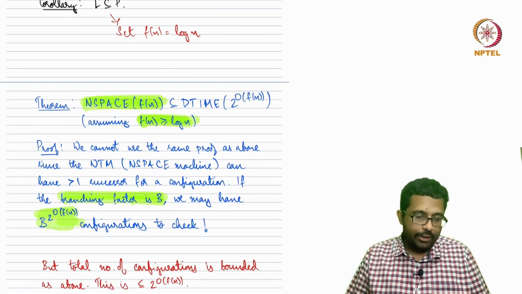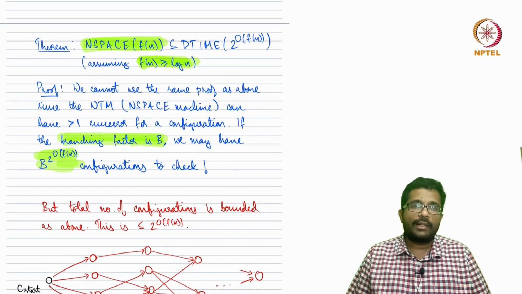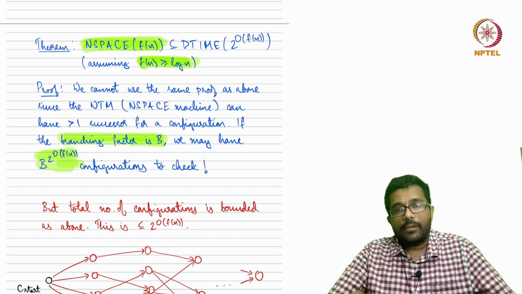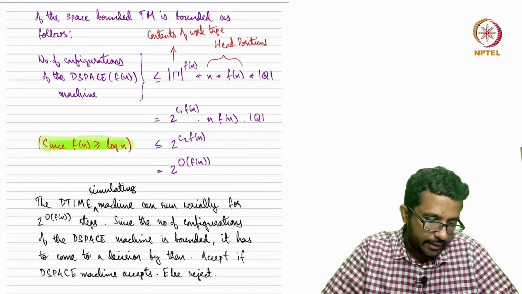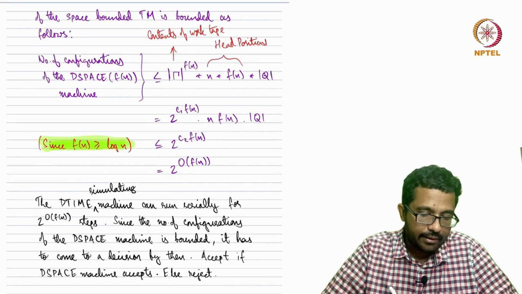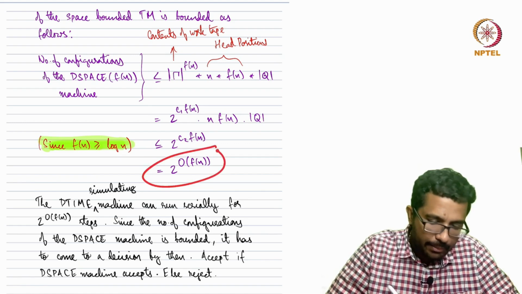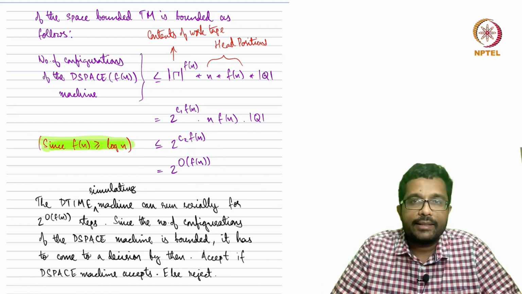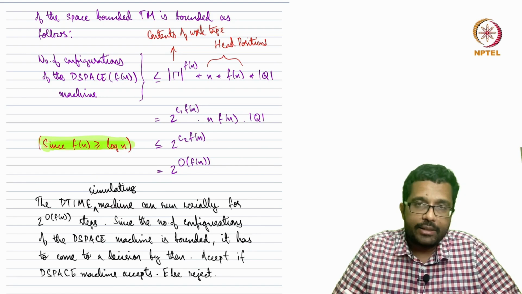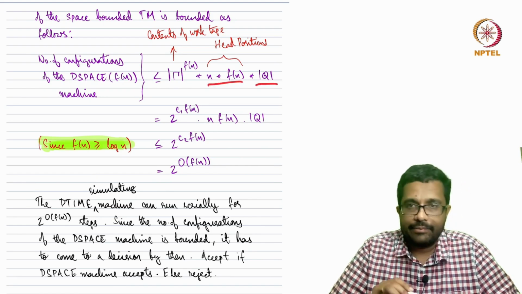So this could be as bad as this, and we don't use this kind of straightforward approach. The thing is that the total number of configurations is bounded. We already saw that the number of configurations for a deterministic space Turing machine is bounded by 2^O(f(n)), and nondeterministic space has the same bound, because a configuration doesn't depend on whether the machine is deterministic or not. It is just the contents of the work tape, head positions and state.